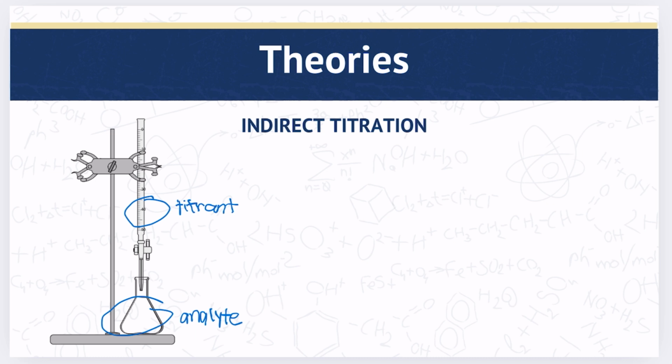Liquid form is easy because you can just directly react it with your titrant. Solid, you can just dissolve it in, let's say, water. But what if your analyte is in gas form? It can't directly react with your titrant. And so you'd have to make your gaseous analyte into a liquid form that would react with your titrant. Let's say you trap it in a liquid. And that is the point of indirect titration.